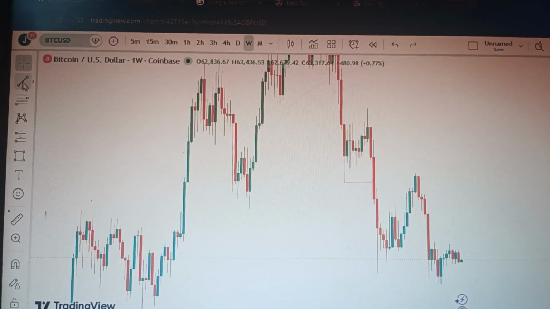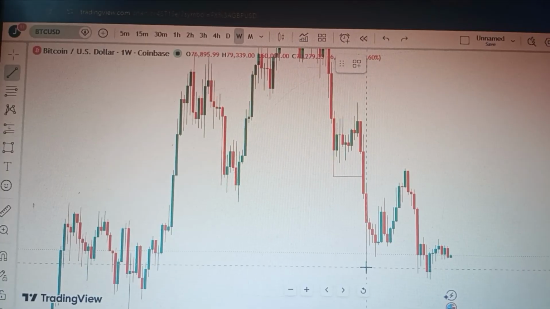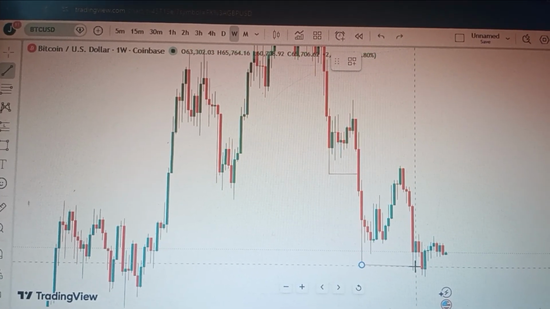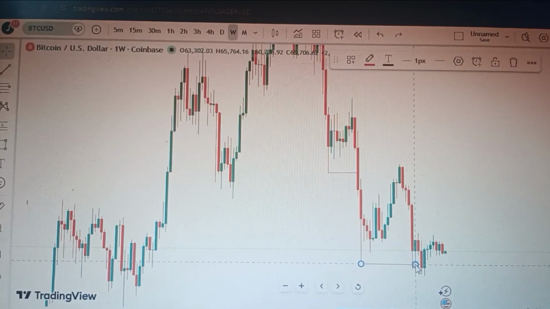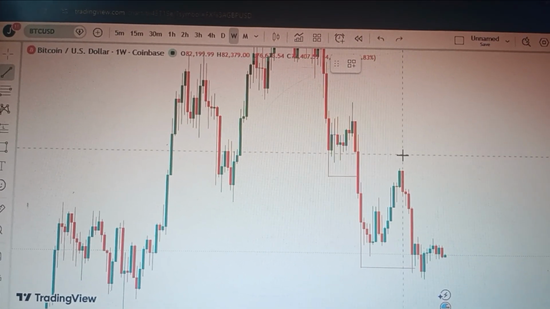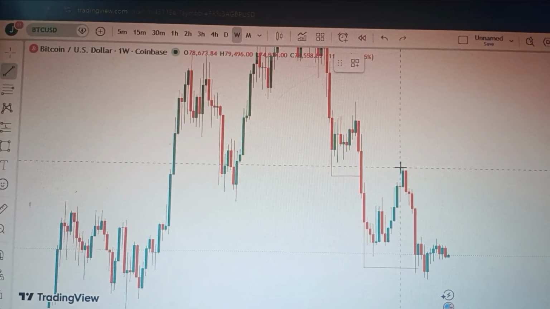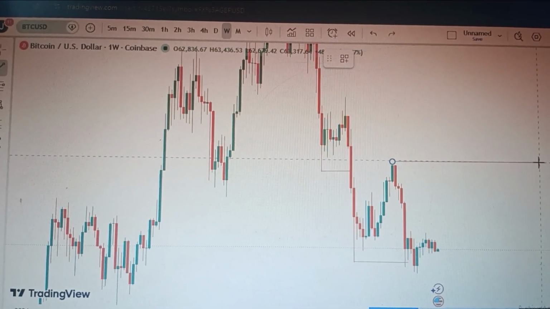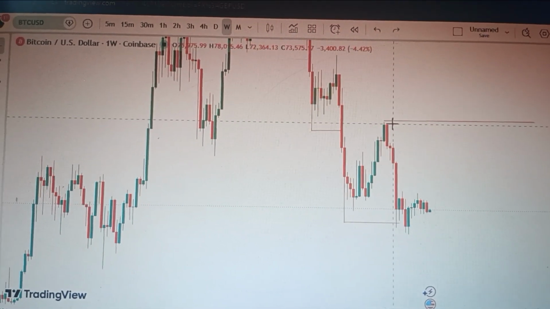We have this break of structure, this break of structure here, and break of structure here. This was the high that led to the break of structure.